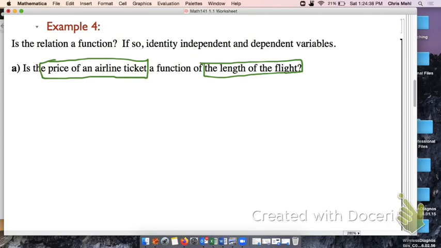So there are two quantities, and they're related together. Is the price of an airline ticket a function of the length of the corresponding flight? Remember I said, if there is a function involved, the output is a function of the input. So in this particular example, the length of the flight would be the input.